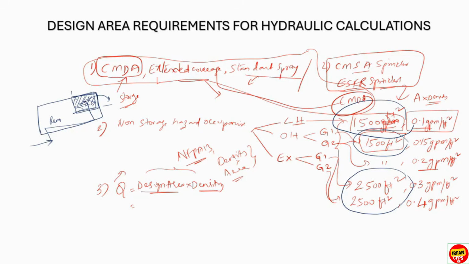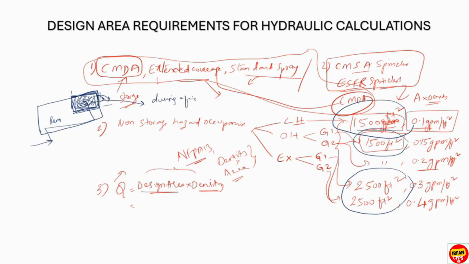Okay. For example, here the fire occurs. Only this design area sprinklers will be activated initially to suppress the fire. In case the fire is not controlled, then the other sprinklers will activate once the smoke or heat reaches that particular sprinklers. So basically this design area refers to the sprinklers which will be activated during a fire.